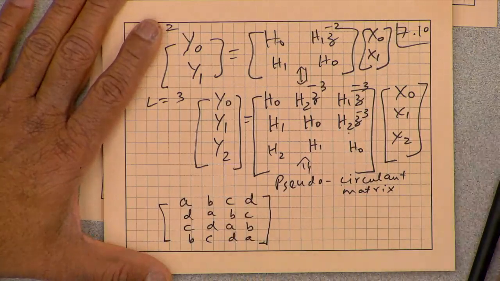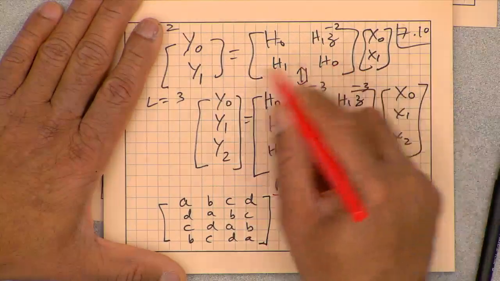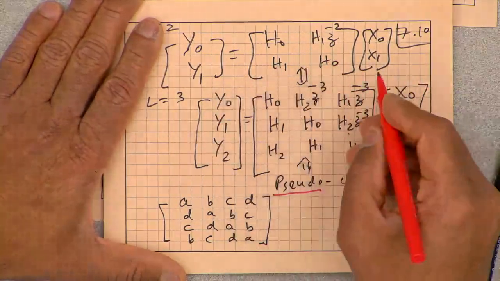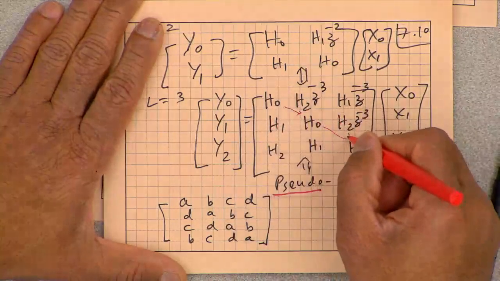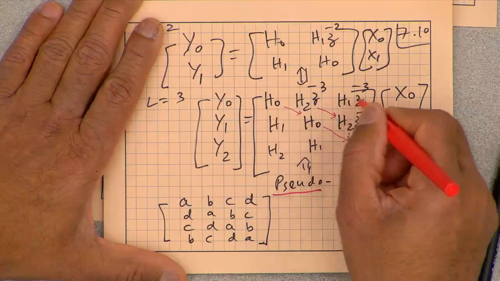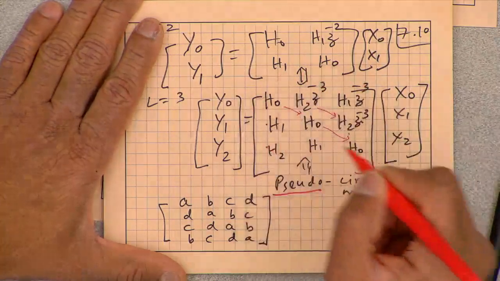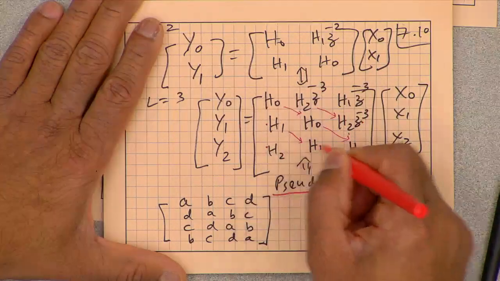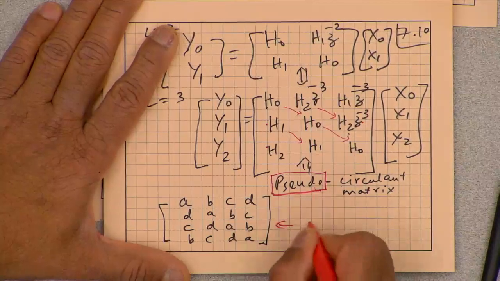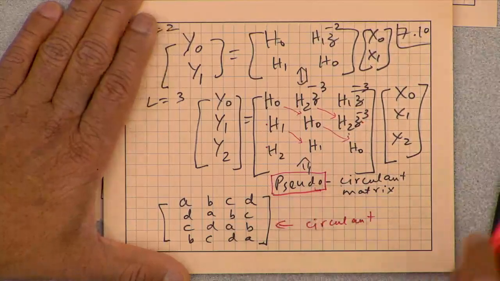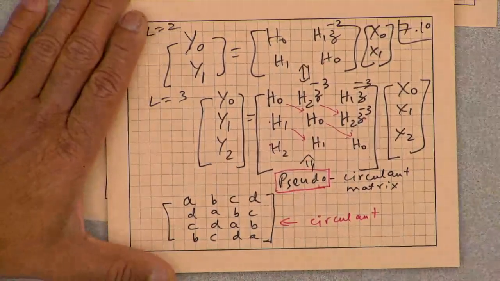In the same way, this is called a pseudo-circulant because when we circle back, these delays are dropped. So H1 circles back, the delay is dropped. H2 circles back, the delay is dropped. H1 goes straight. That's why it's called pseudo, because it's not exactly circulant. So polyphase filters can be described by pseudo-circulant matrices.